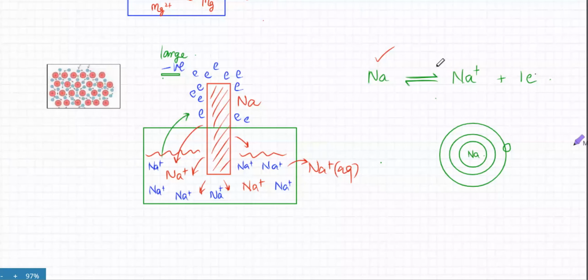That results in a reversible reaction where sodium would try to lose electrons and form sodium ions, but at the same time the sodium ions will be attracted back to those electrons. So there's a back and forth reaction where forward and backward both are going on. Is this clear to everyone? Yes, sir.